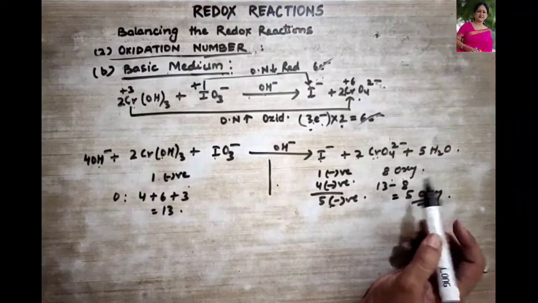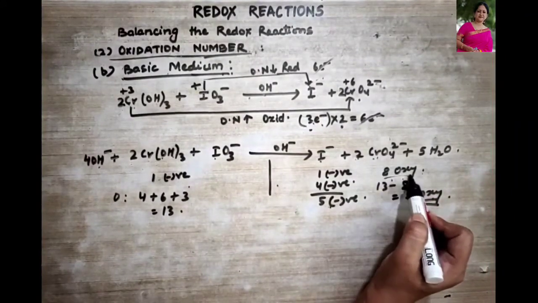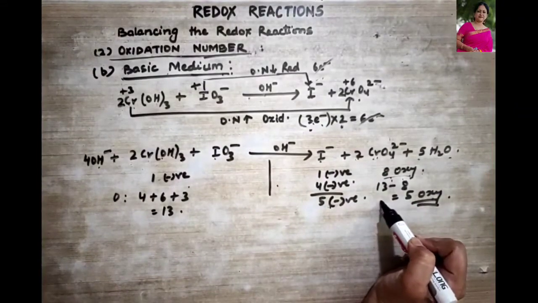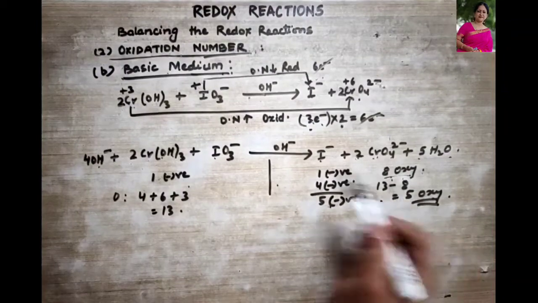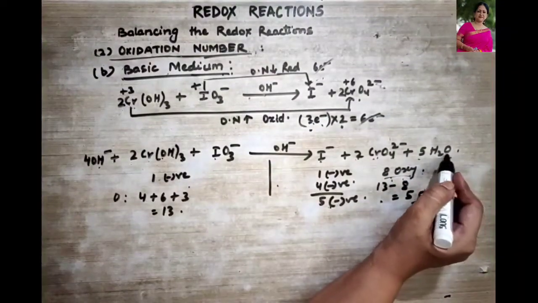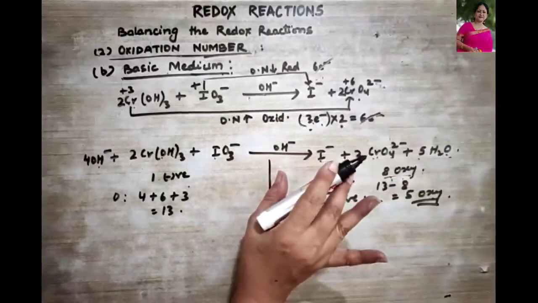Okay. Now let us see. 4 2s are 8 oxygen is already there, plus 5. That makes us 13 oxygen on this side also. Now this equation is balanced. As I told you, once you balance oxygen, you will see hydrogen is already balanced.